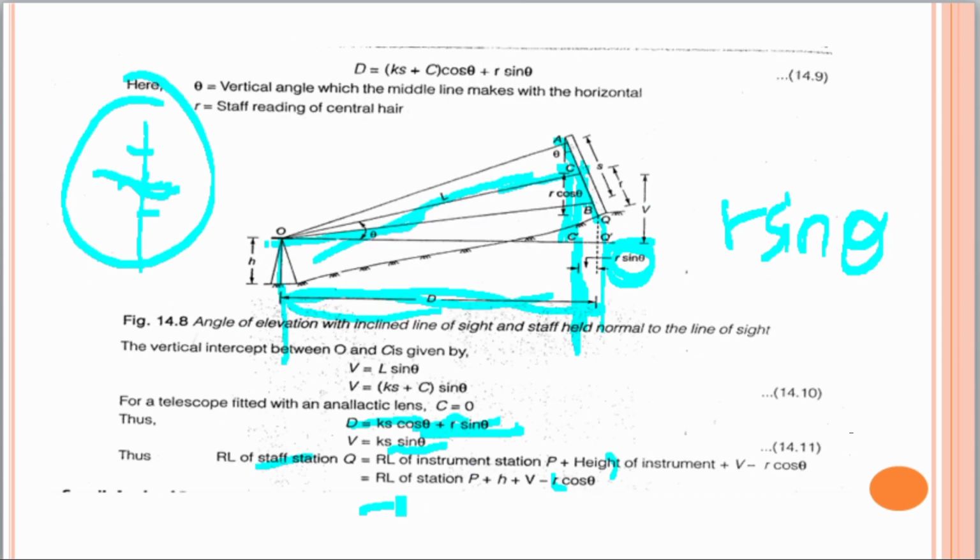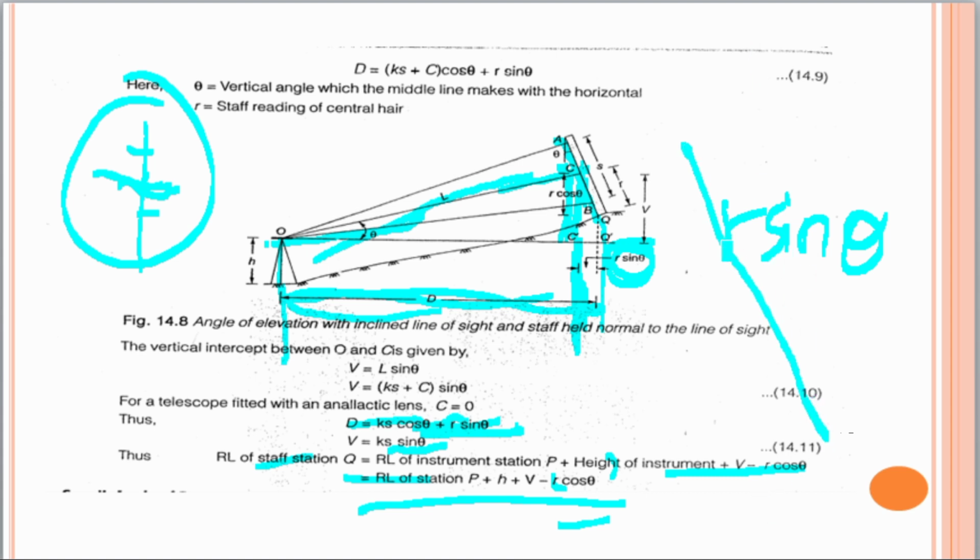So these are the formulas that we are using. So the reduced level of the station, this station that was given here, plus the height of instrument, but I think you get the concept there. So we are only changing here because this staff was not straight.